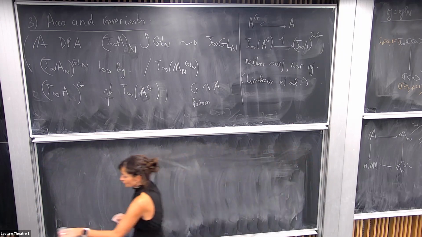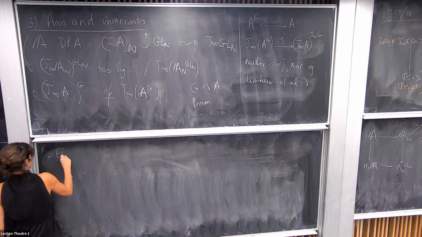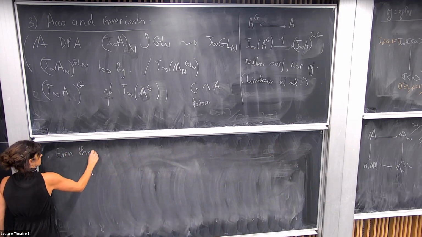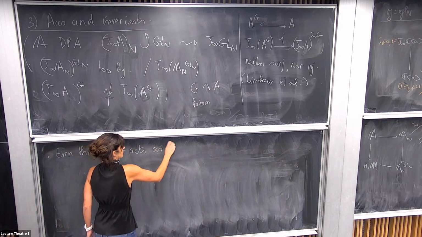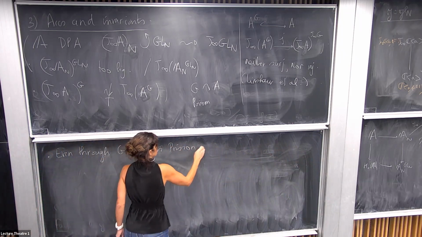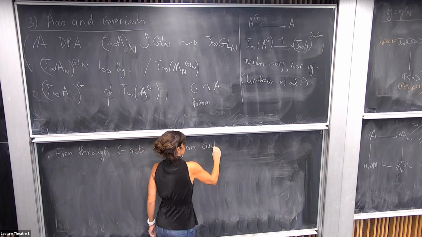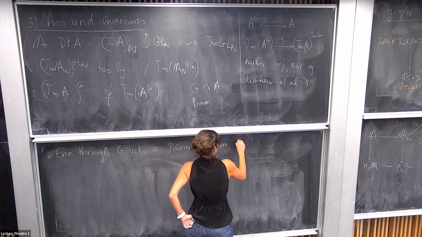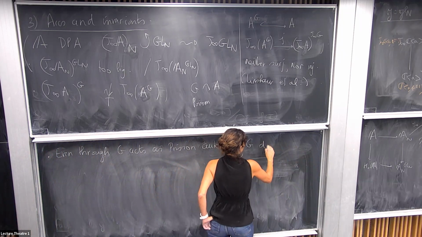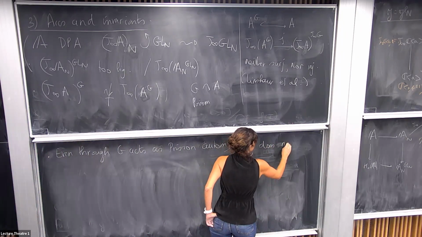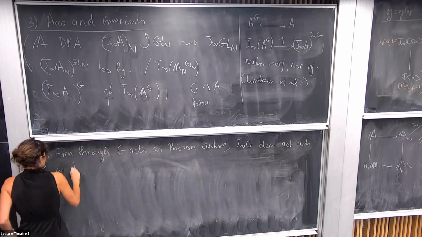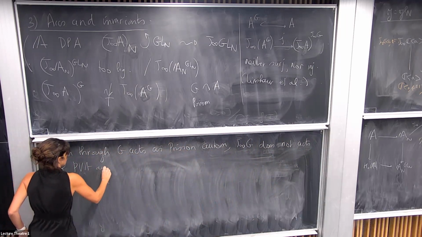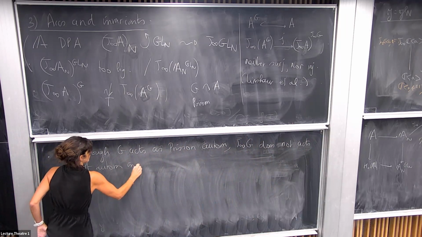So third problem, even though G acts as a Poisson automorphism, this does not act as a Poisson vertex algebra automorphism in general.